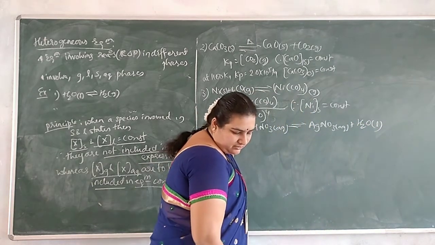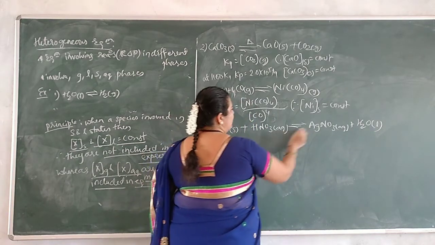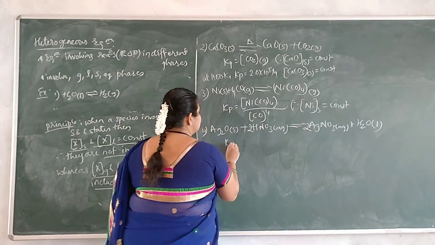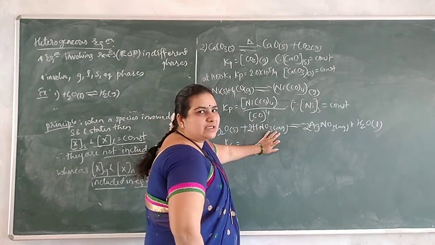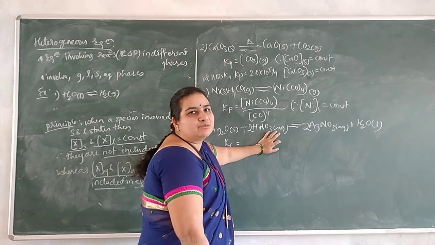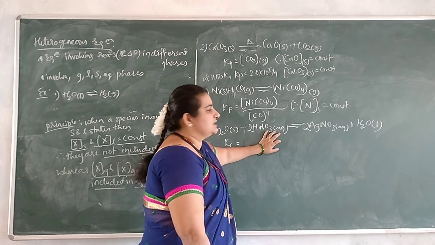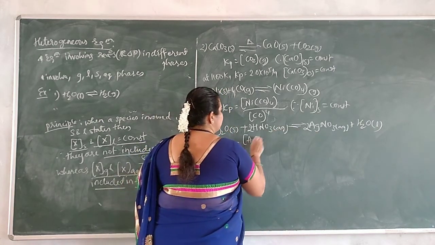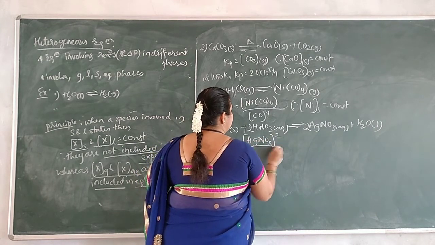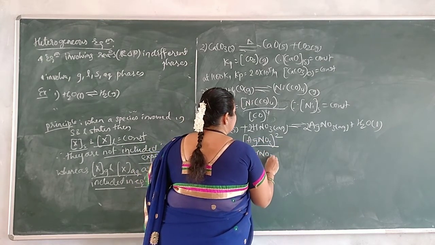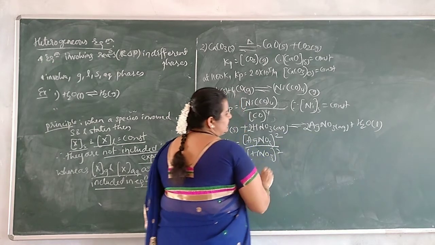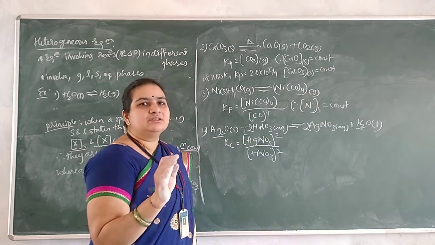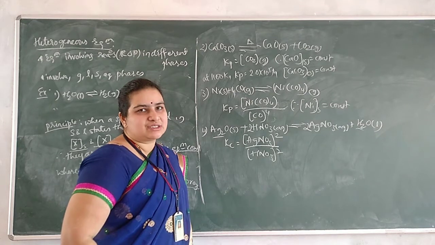Kc is equal to, here it is better to express the equilibrium constant in terms of molar concentration because it is a solution. So AgNO3 raised to 2 divided by HNO3 raised to 2, and the other two terms, H2O liquid and Ag2O solid, are just removed from the equilibrium constant expression.